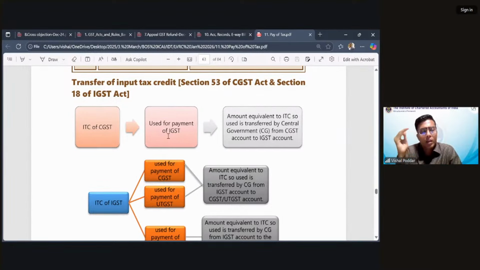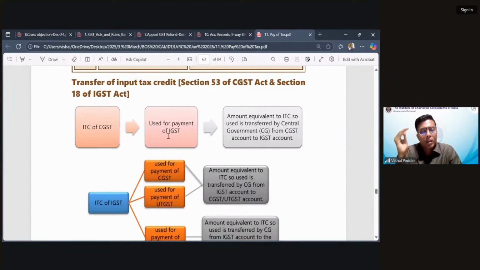Myntra is a third party. Now when a transaction is happening through a third party app, that third party is called as electronic commerce operator. This transaction is also an electronic commerce transaction, but this transaction is also a transaction through electronic commerce operator. So this is what I'm trying to distinguish out.